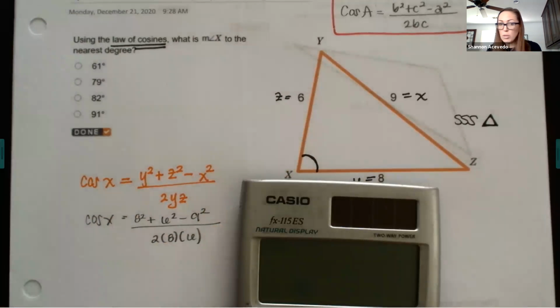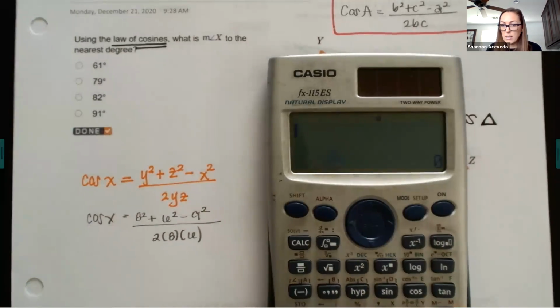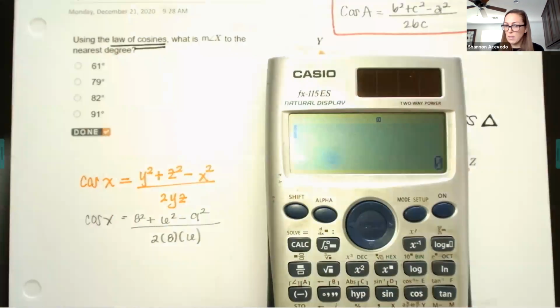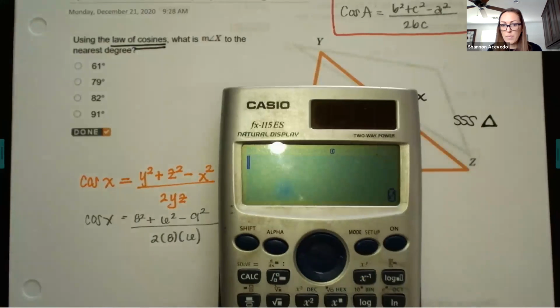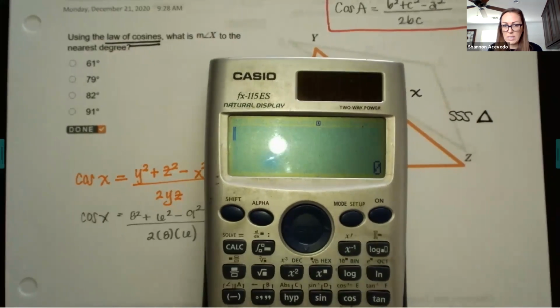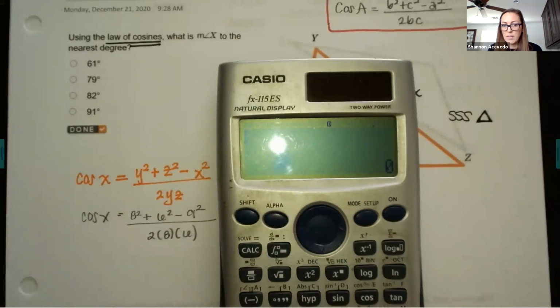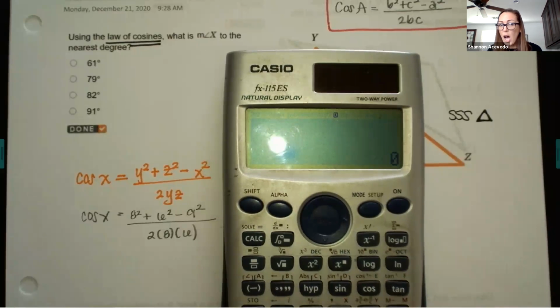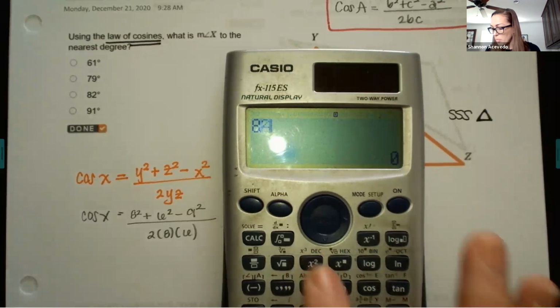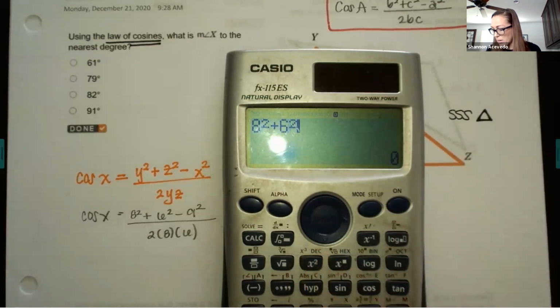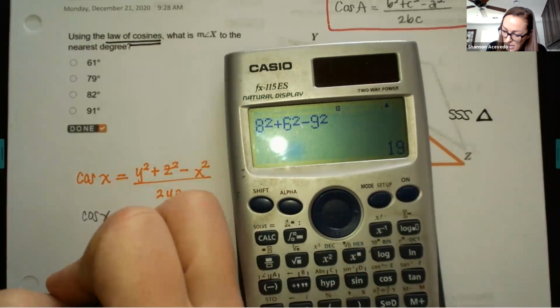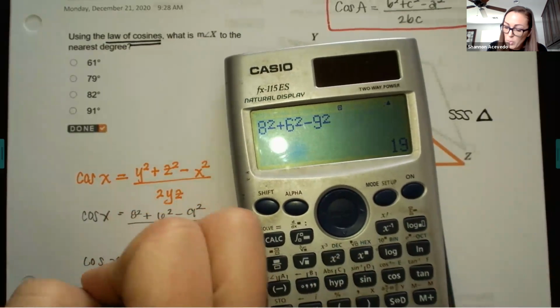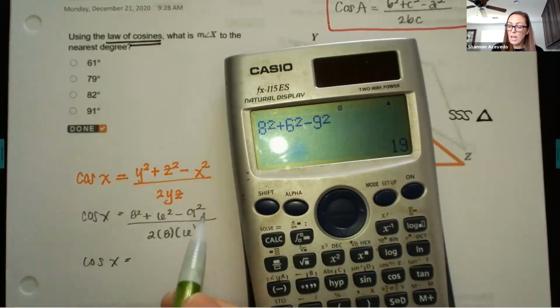Let me just make sure you guys can see it. When I do my calculator, I would do everything in the numerator first, so my 8 squared plus my 6 squared minus my 9 squared. Then I would go ahead and do my denominator. The reason is sometimes you guys will do this and then divide it and you're not doing the right order of operations.